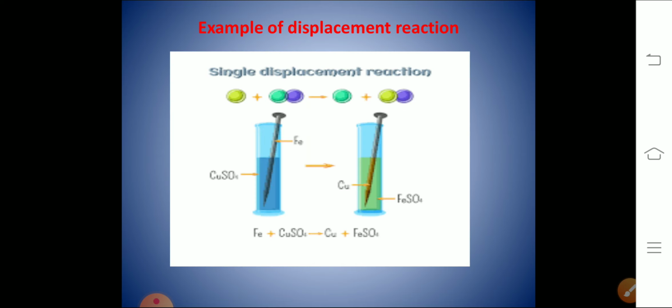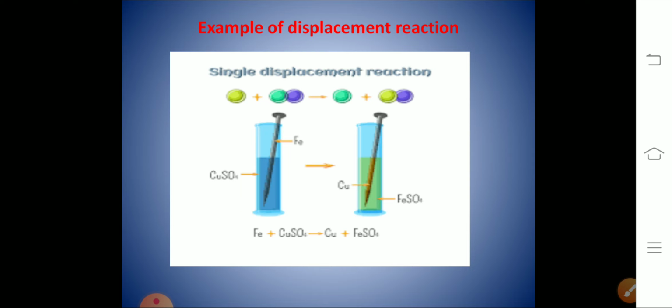Some examples of displacement reaction. There is an activity given in your textbook when an iron nail is kept in copper sulfate solution. This example I had given earlier in change in color also. Now, is copper more reactive or is iron more reactive? Yes, iron is more reactive. So iron will displace the copper from its salt solution and will take its place.